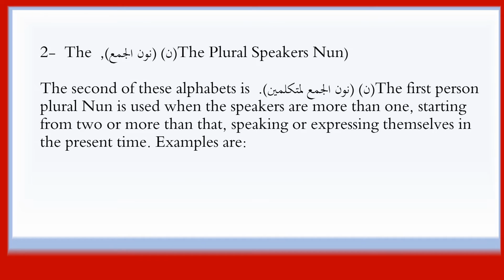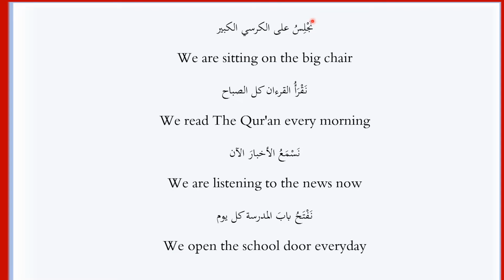Examples are Najlisu ala al-kursiyyi al-kabiri, we are sitting on the big chair. Naqra'u al-Qur'ana kulla sabahi, we read the Quran every morning. Nasma'u al-akhbar al-ana, we are listening to the news now.